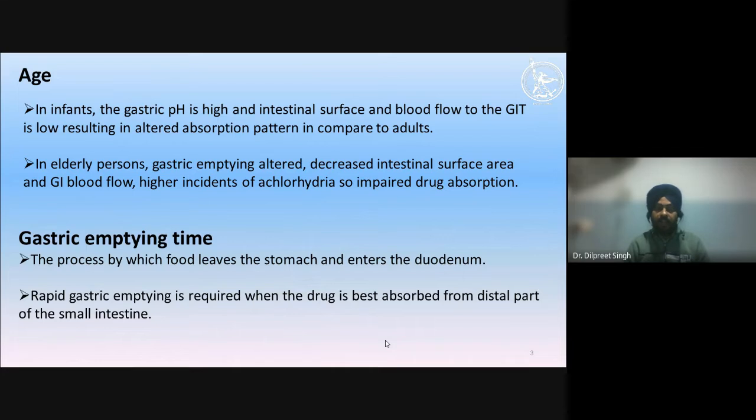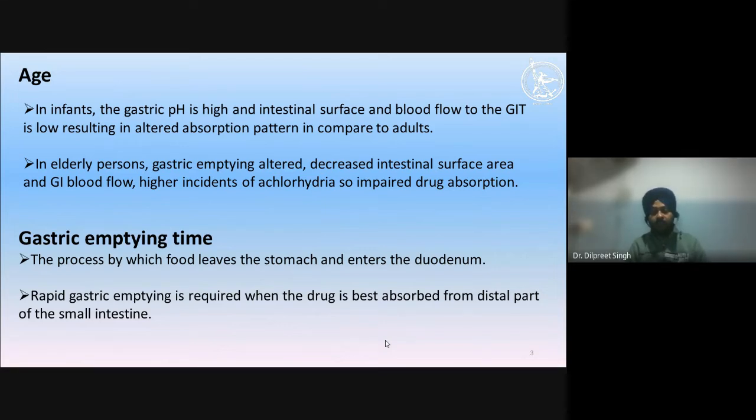But in the elderly patient, gastric emptying is very altered. It causes a zigzag motion, which decreases the intestinal surface area and GI blood flow. There is a high chance that the patient will suffer from achlorhydria, reduced gastric acid content.